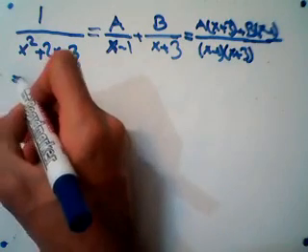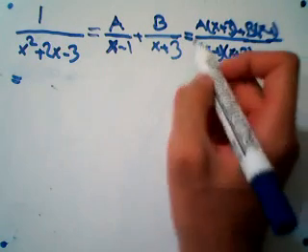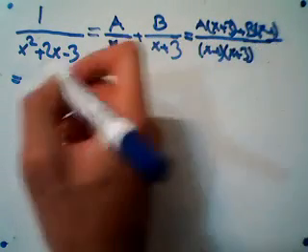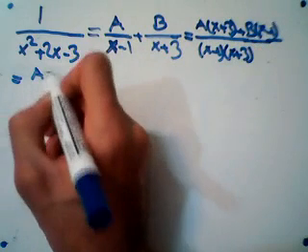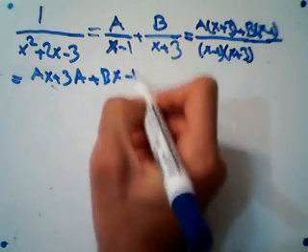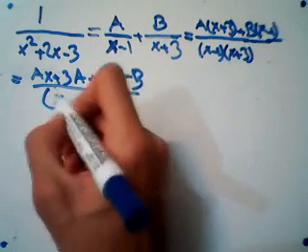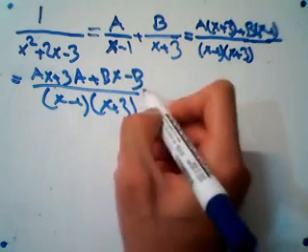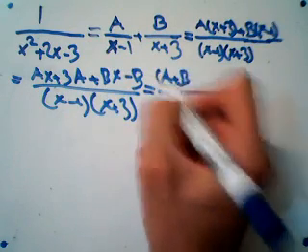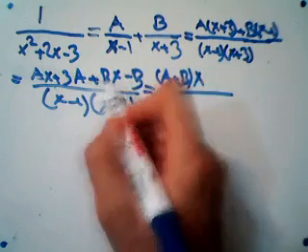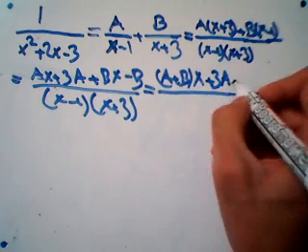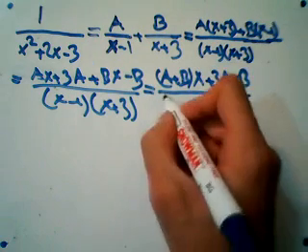Which equals, now let's write it as a polynomial. So that would be ax plus 3a plus bx minus b over x minus 1 times x plus 3, and this is a plus b times x, we got ax and bx, plus 3a minus b over this.